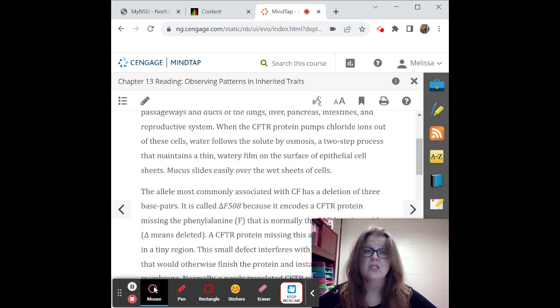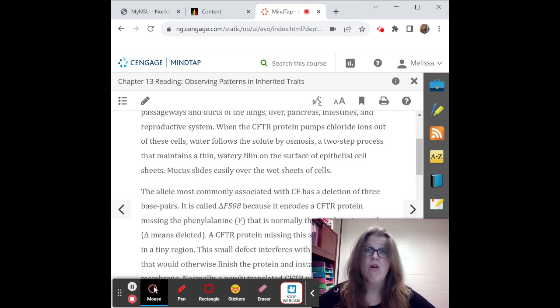But this is chronic. This happens constantly. So mucus accumulates in the airways. It impedes breathing.